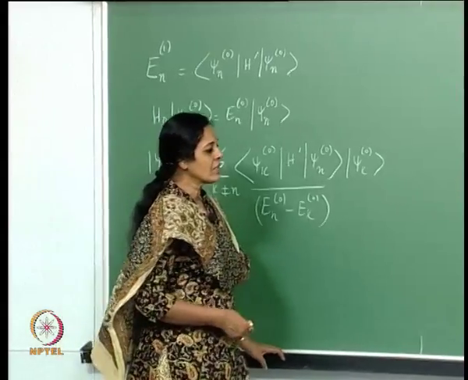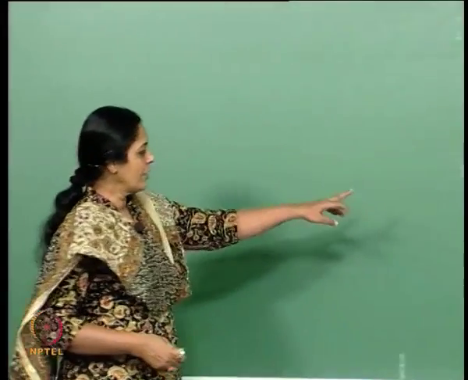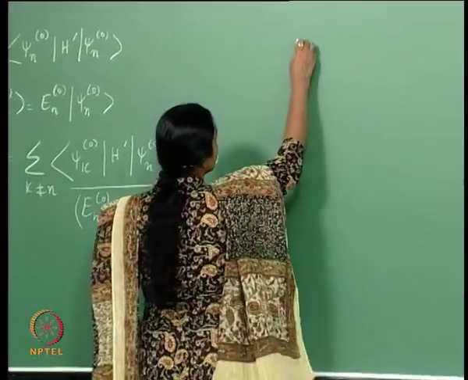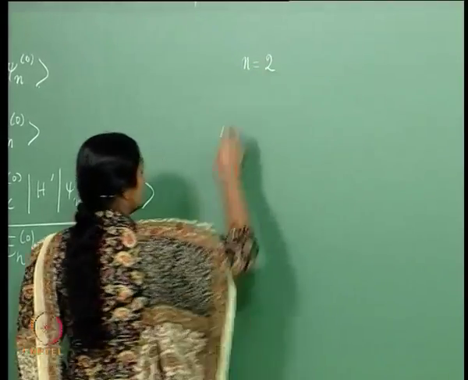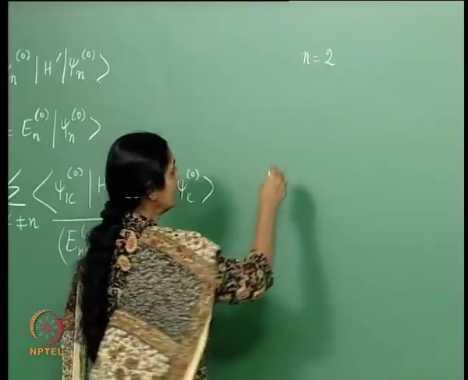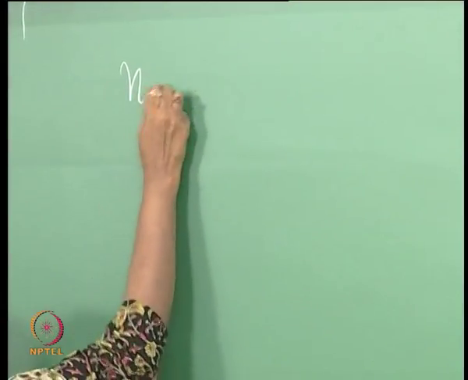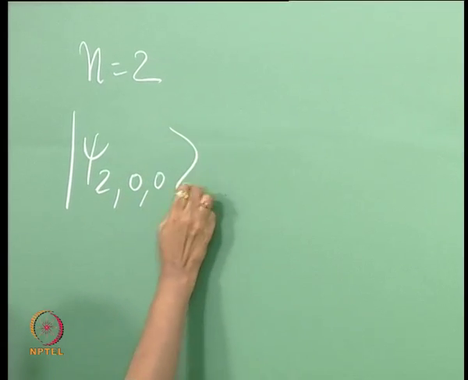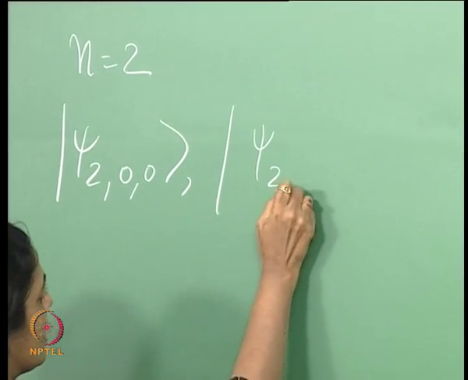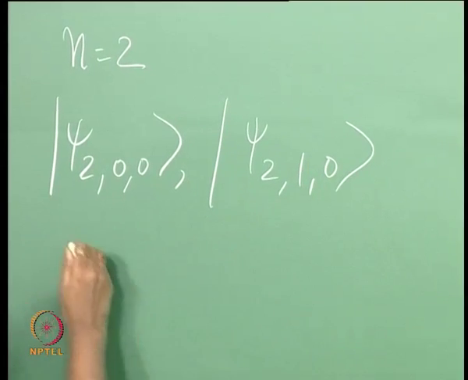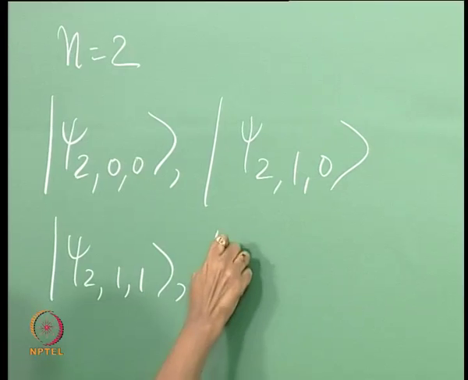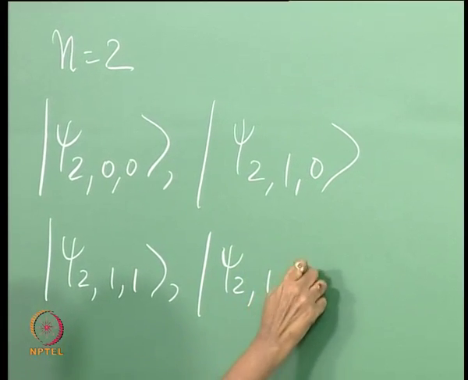So now let us return to the problem of the hydrogen atom. What are the states that are involved? You have selected n equals 2. In fact, there are 4 states: psi 2 0 0, psi 2 1 0, psi 2 1 1, and psi 2 1 minus 1.